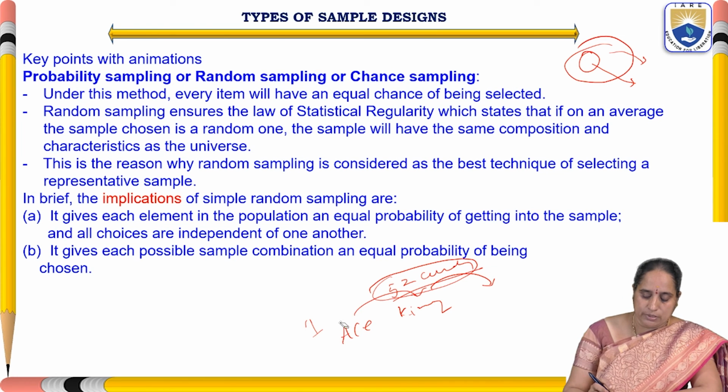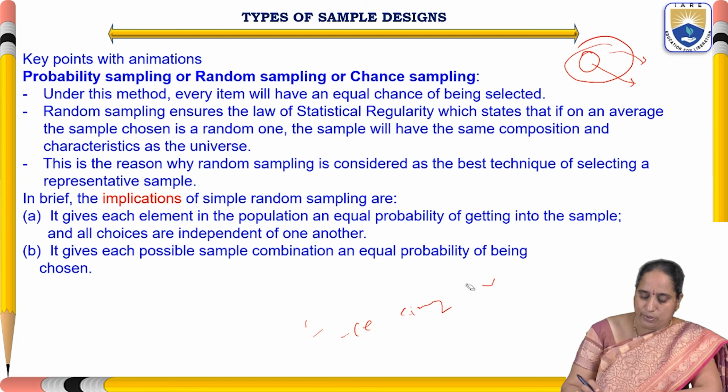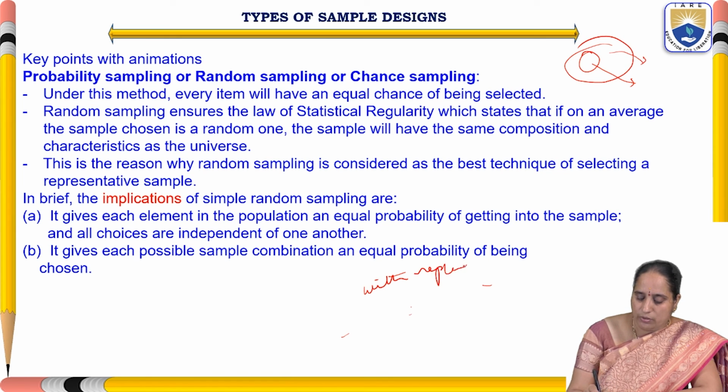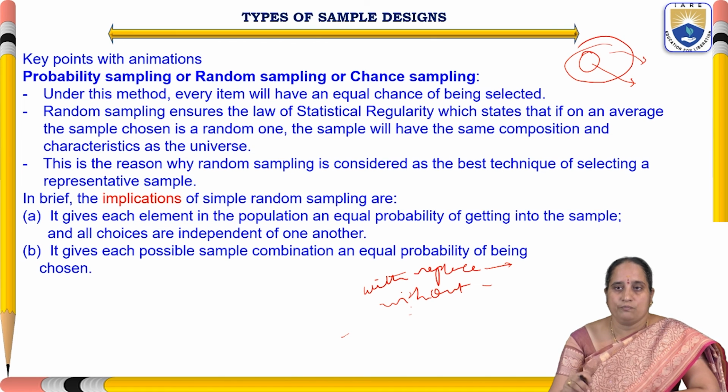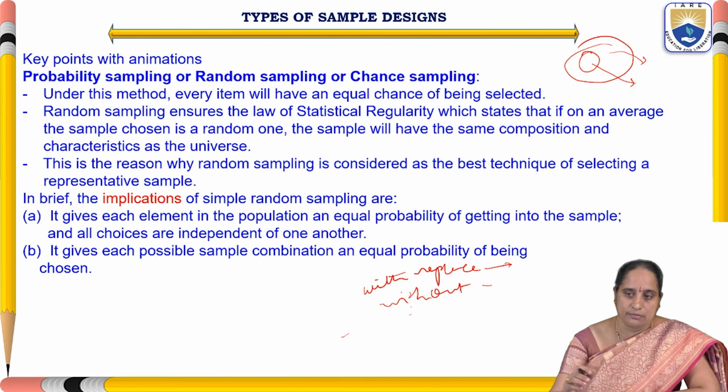And it gives each possible sample combination an equal probability of being chosen. There it depends on what type of principle you use, whether with replacement or without replacement. With replacement, every item will have an equal chance of being selected. But without replacement, again it varies.